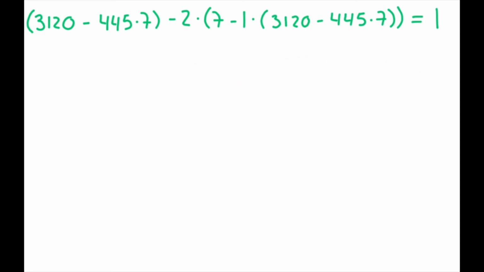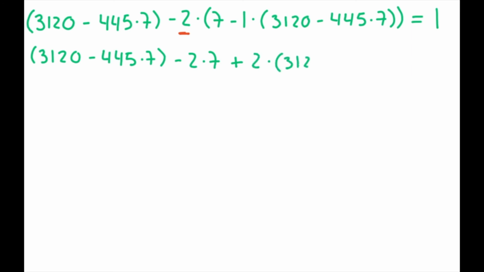So firstly, I'm going to multiply this 2 through and see if that helps. I'm going to have 3,120 minus 445 times 7 minus 2 times 7 plus 2 times 3,120 minus 445 times 7 is equal to 1.